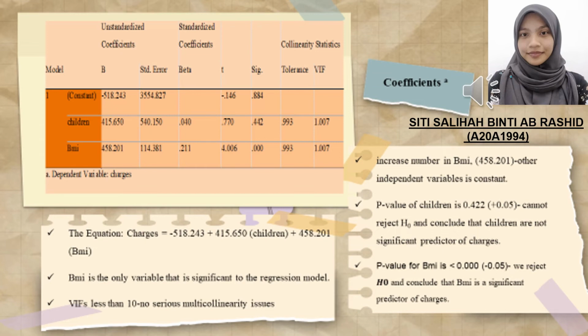For the children predictor, the p-value is 0.422, which is more than 0.05, so we cannot reject H0 and conclude that children is not a significant predictor of charge. For the BMI predictor, the p-value is 0.000, which is way less than 0.05. We can reject H0 and conclude that BMI is a significant predictor of charge.